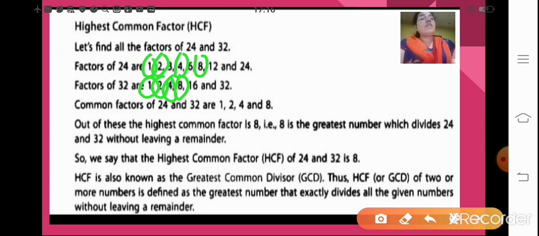Now HCF, or the highest common factor, is also known as the greatest common divisor, or GCD. Out of the common factors, whichever is the greatest one becomes your GCD or your highest common factor.